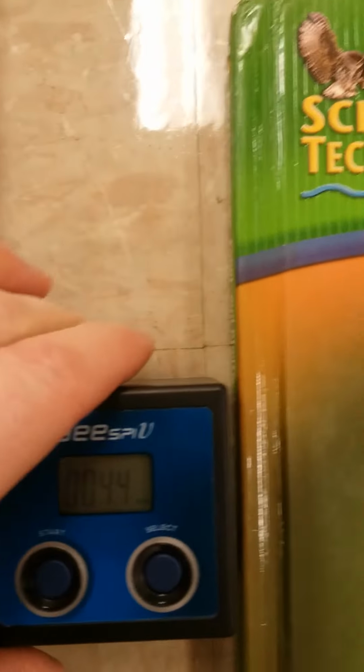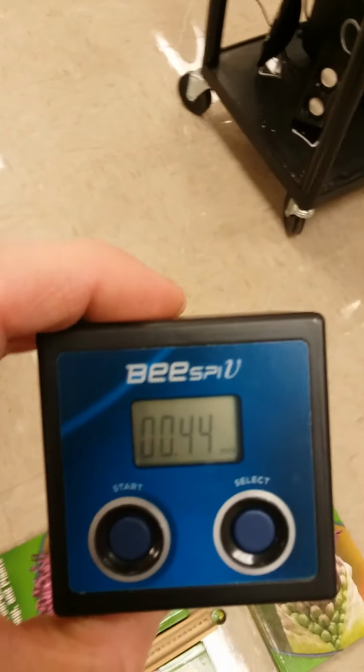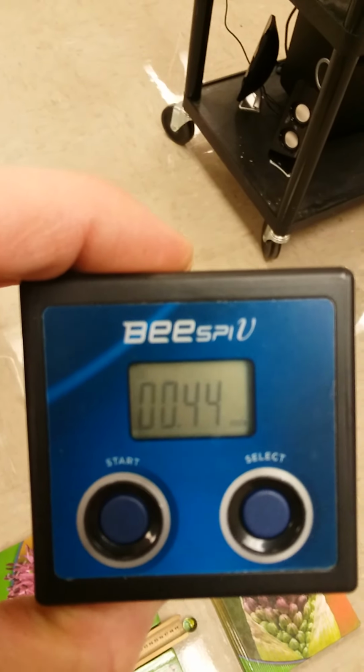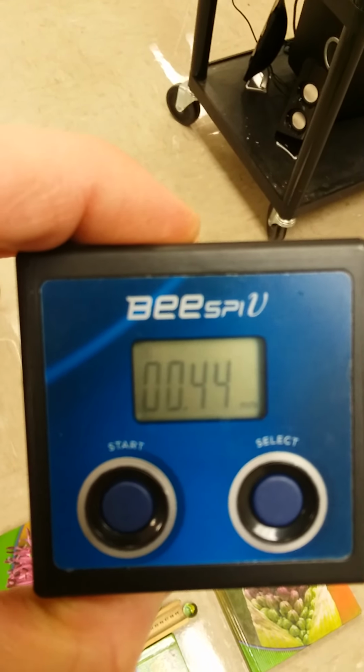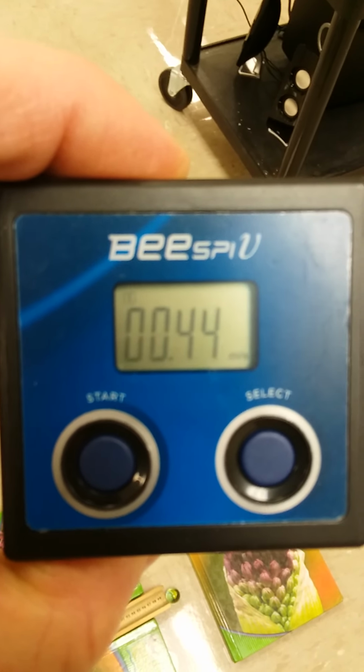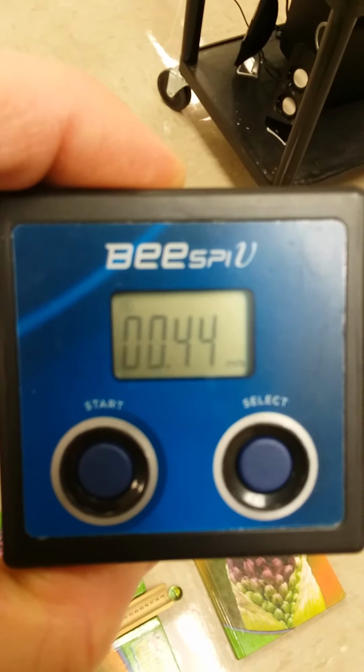Okay, let's see what we got. So, trial 3, go ahead and pick it up so we can get a better light. We got 0.44 meters per second. Okay, so let's take a few minutes and break this down and see what this means.